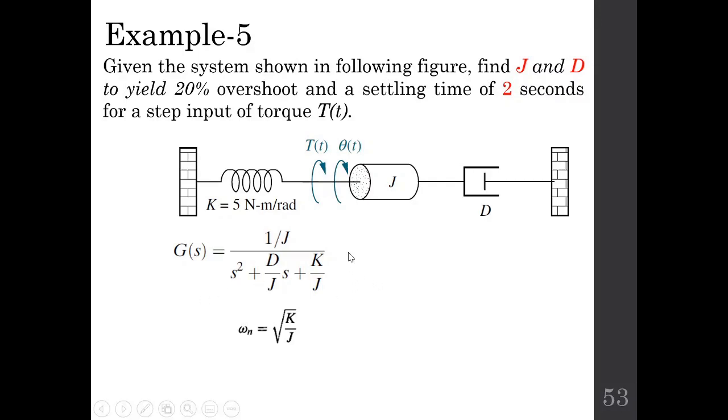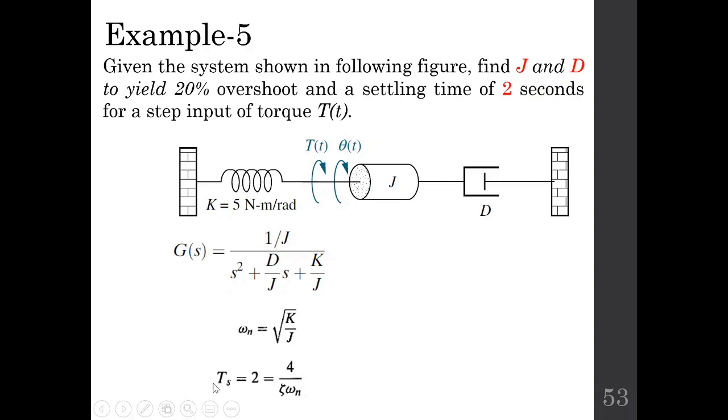If we compare this second order system equation with the generic form of a second order system transfer function, we can find omega n is equal to under root K upon J. You can do some calculations to verify whether omega n is equal to this or not.